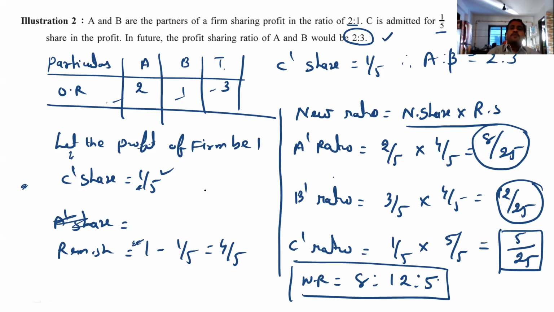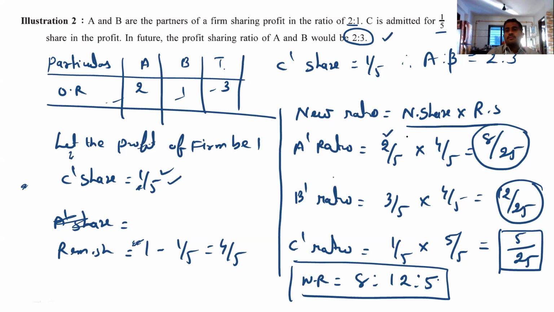So let the profit of the firm be 1 and C's share comes to how much? 1 by 5. So remaining share again the same way, but our formula changes. What the formula says? New ratio is equal to new share into the remaining share. That is 2 by 5, right? 2 by 5.